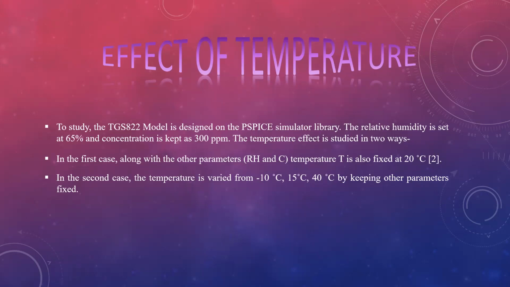In the second case, temperature is varied from minus 10 degrees Celsius to 40 degrees Celsius. To differentiate, I have taken only three temperatures here, minus 10 degrees Celsius, 15 degrees Celsius, and 40 degrees Celsius, and kept all the other parameters fixed.